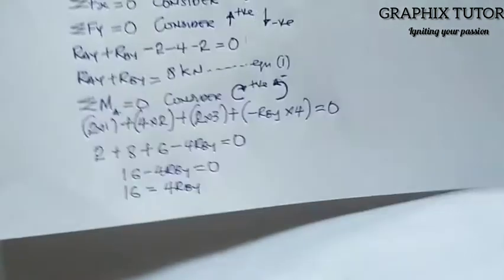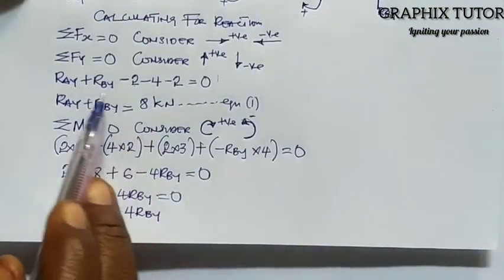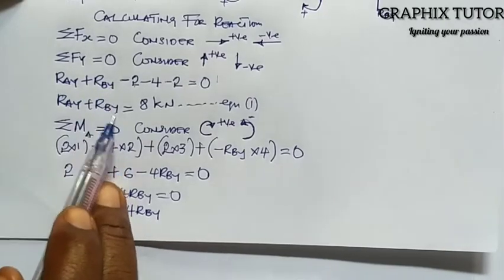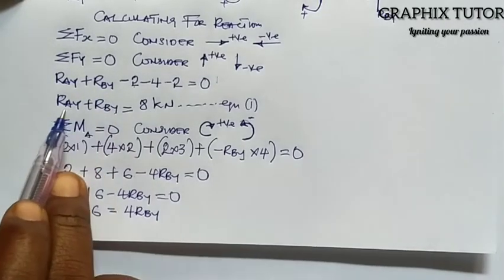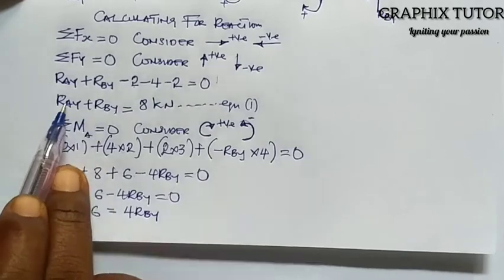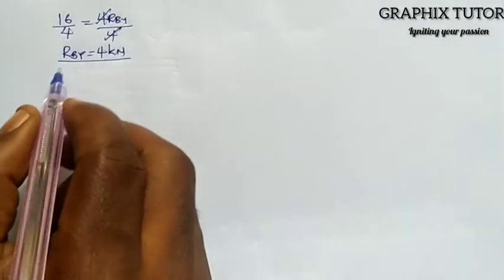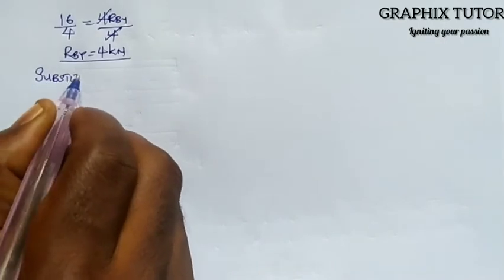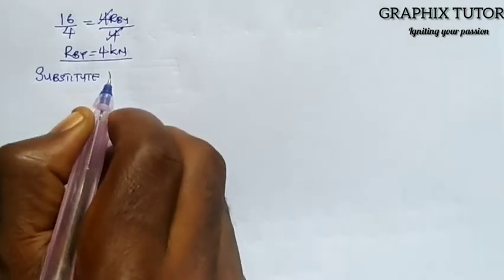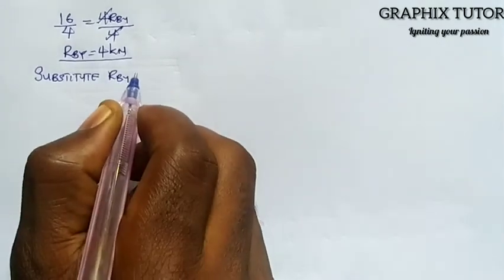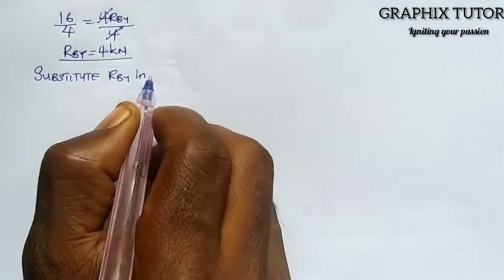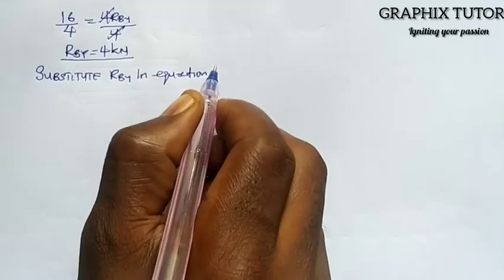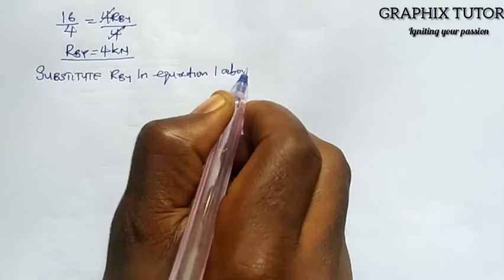Now, if you look here, from equation 1, we have RAY plus RBY is equal to what? 8. So if I put in my RBY here, I'll be able to have my RAY. So I'm going to write: substitute RBY in equation 1 above.